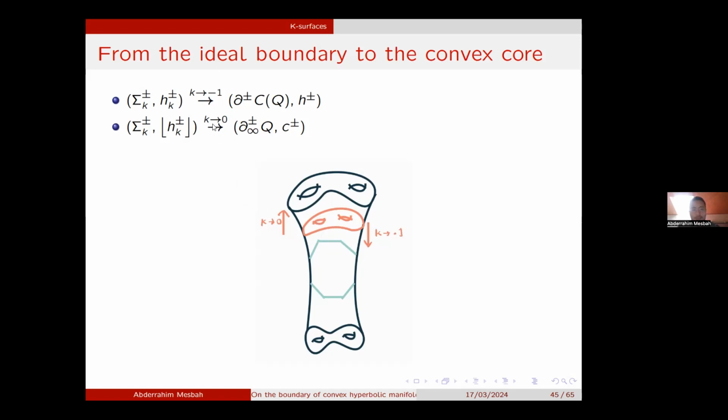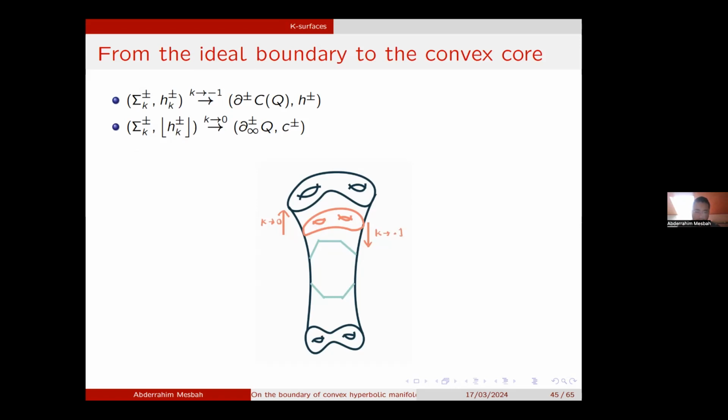And when we ask K to go to 0, then these K surfaces with the conformal structure induced by their induced metric converge to the ideal boundary with its conformal structure.